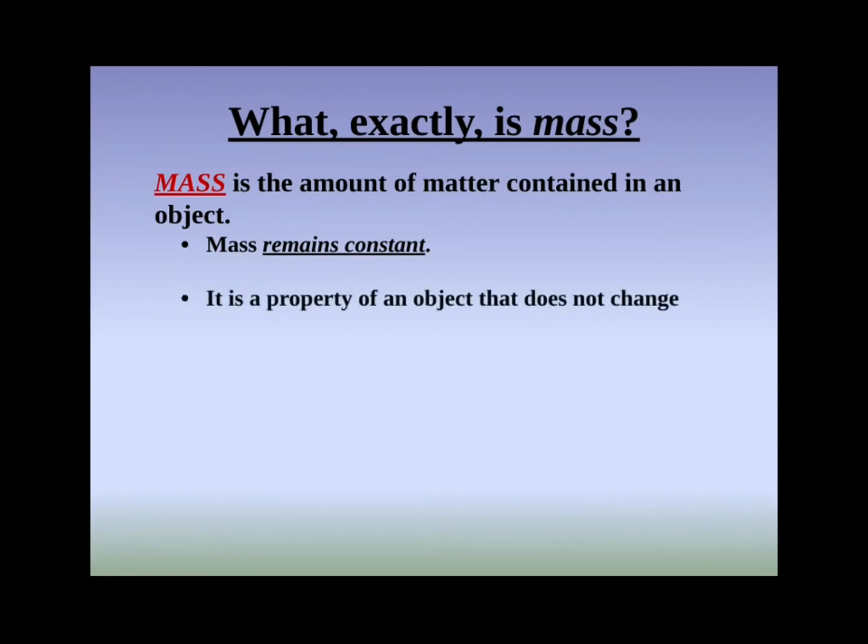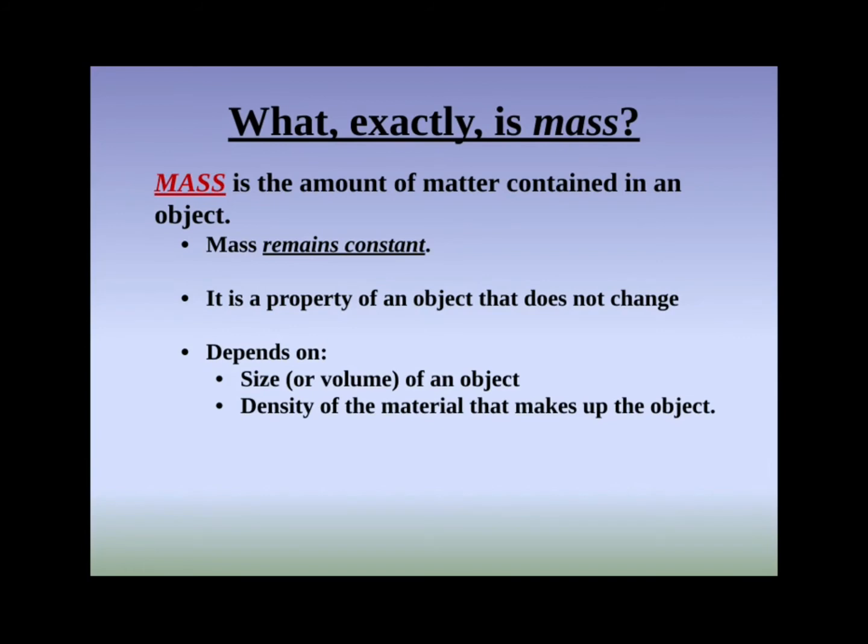So this is a property of an object that does not change. This is going to depend on a couple things: the size or volume of an object, as well as the density of the material that makes up the object. You can have something that's very dense and small have the same mass as something that is large but not very dense.